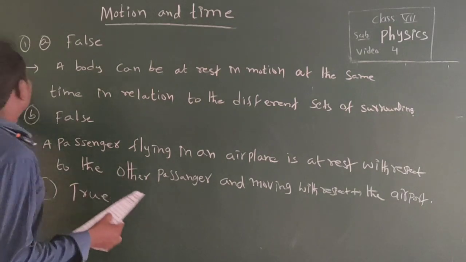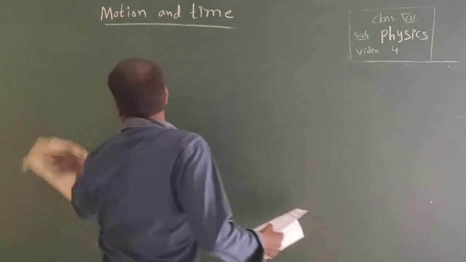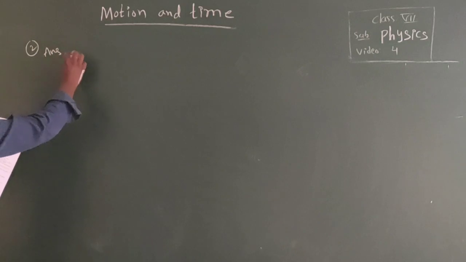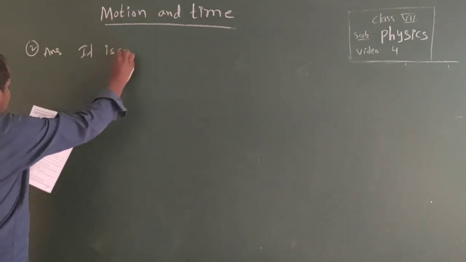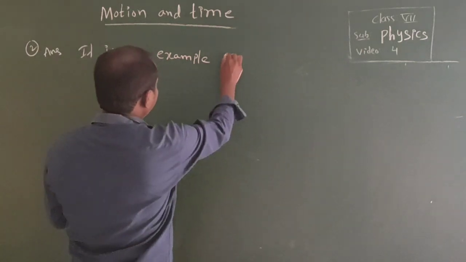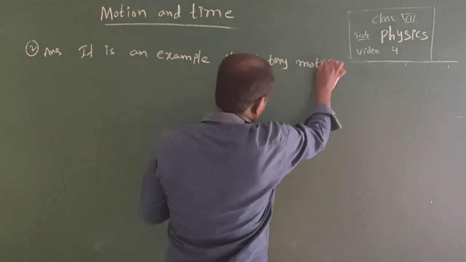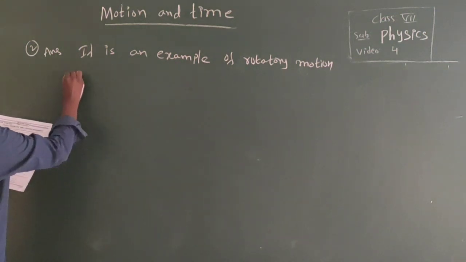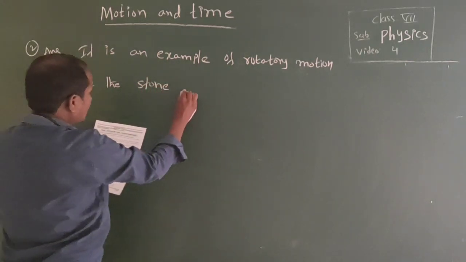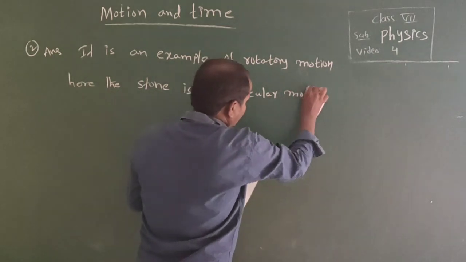Question number 2, answer: it is an example of rotating motion. Here, the stone is in circular motion.